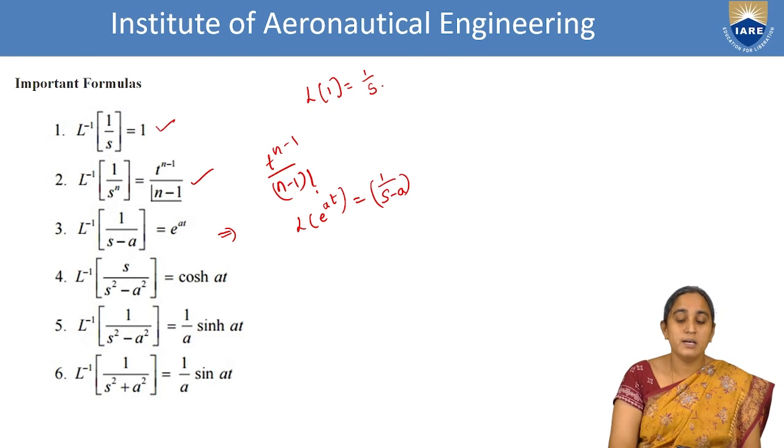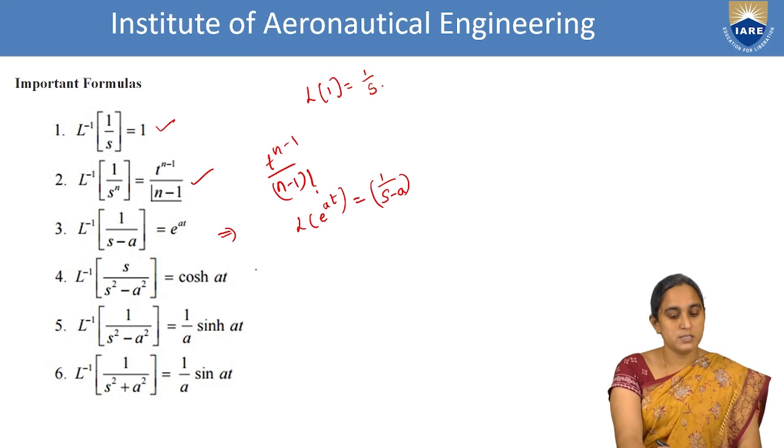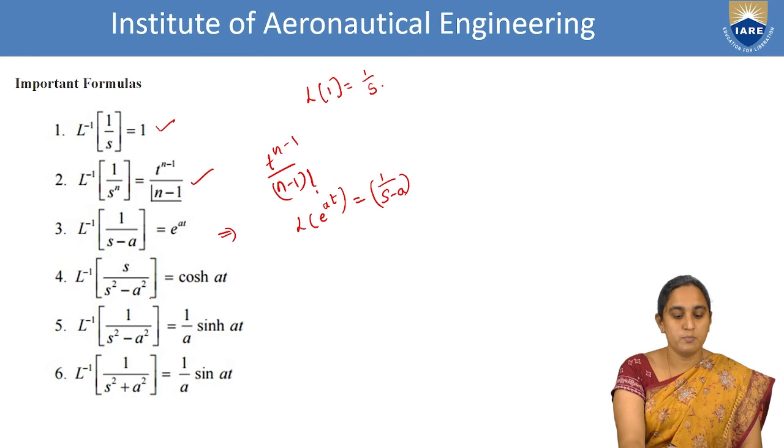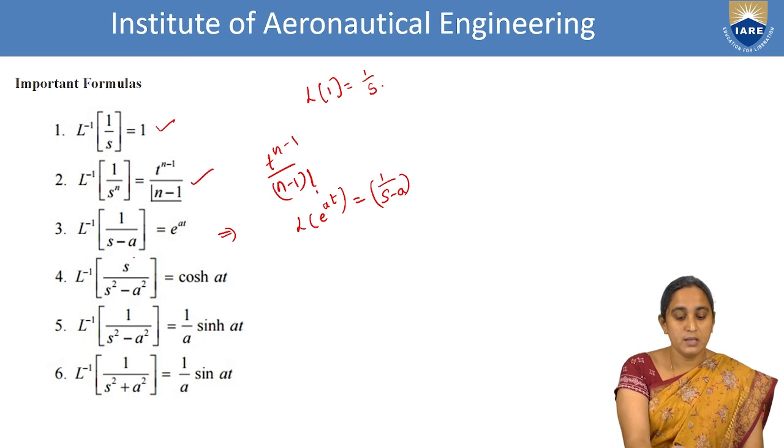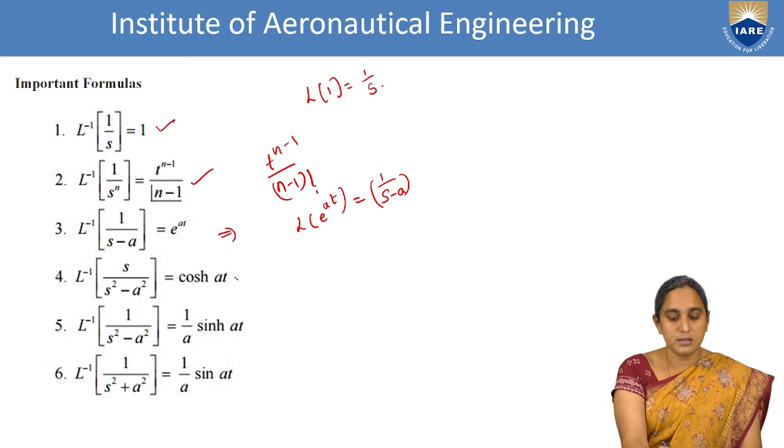Here e power at. Next, the fourth formula: Laplace inverse of s by s square minus a square, for that case the formula is cos h at. And the next one, Laplace inverse of 1 by s square minus a square.